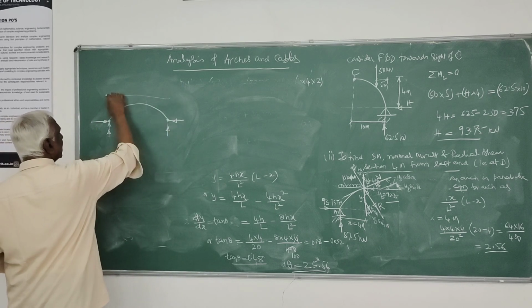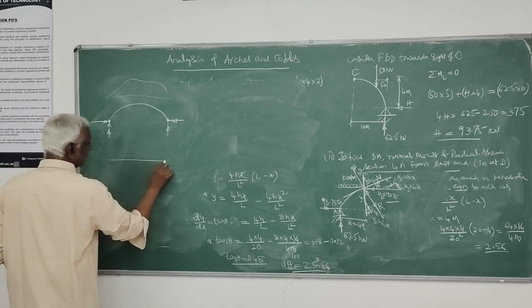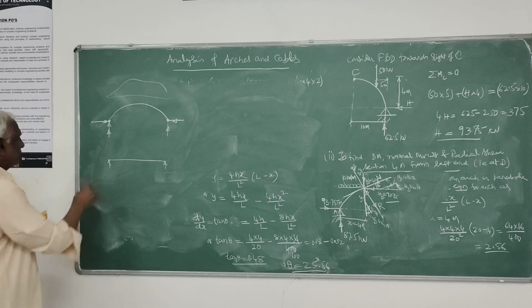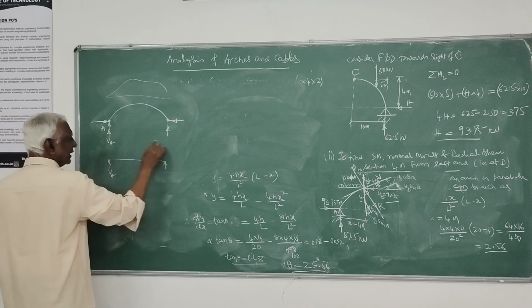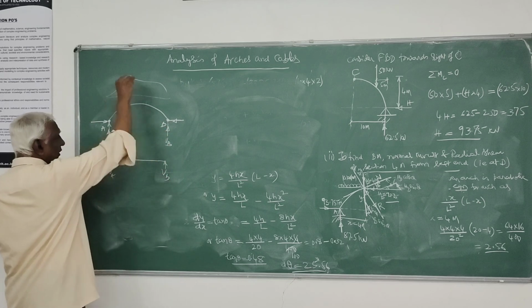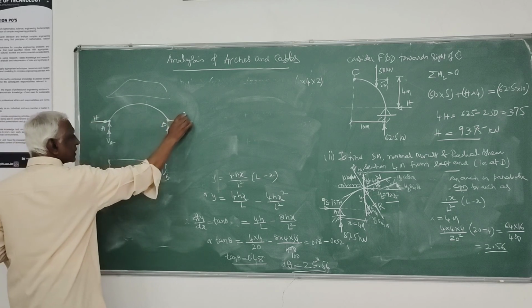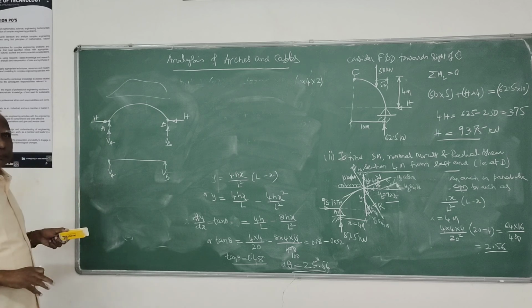Whatever may be the loading here, you can treat it as a horizontal beam with the reactions VA, VB, and due to the horizontal reaction H, you will get moment in the opposite direction.